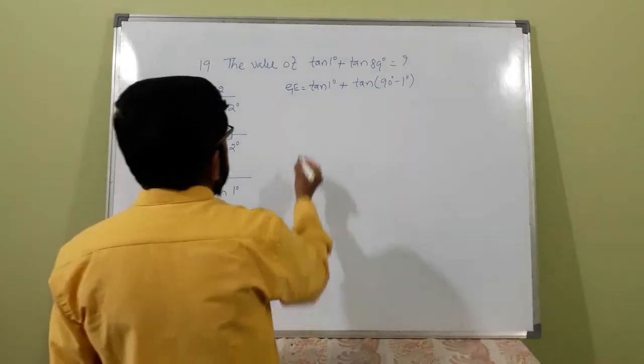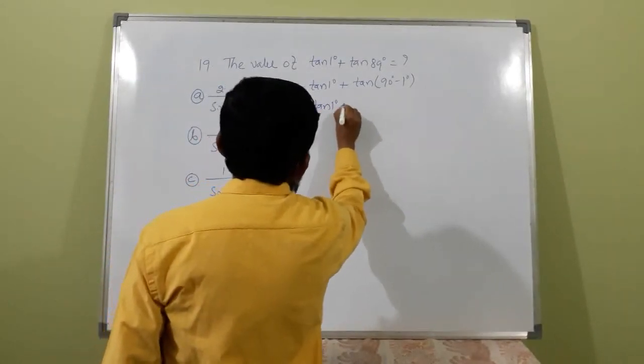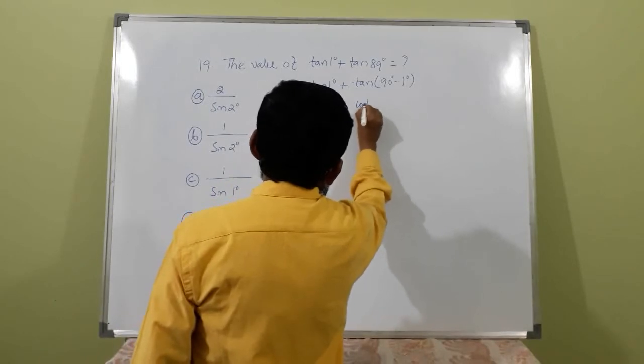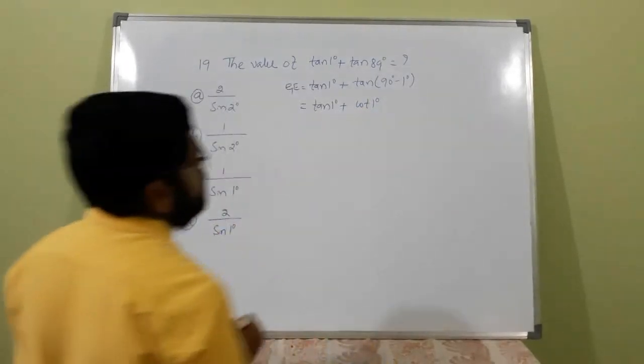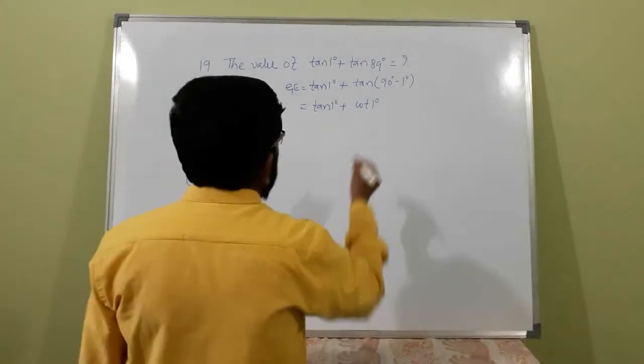So this is tan 1 degree plus cot 1 degree, because tan (90 minus θ) is cot θ.